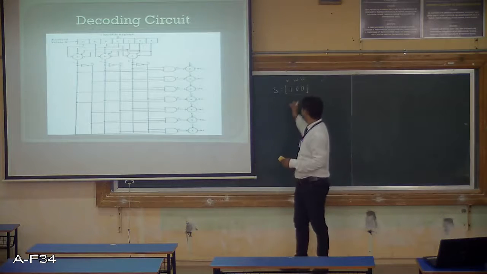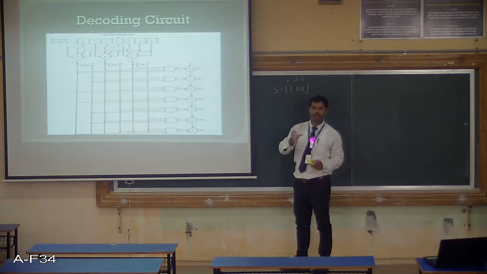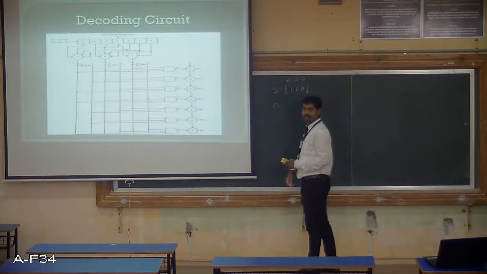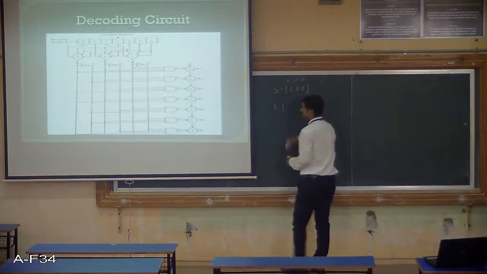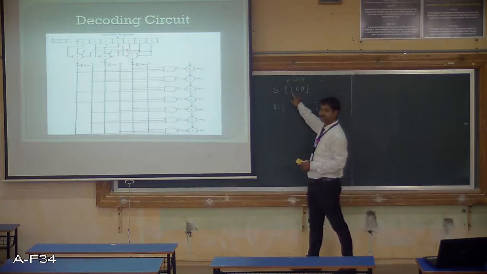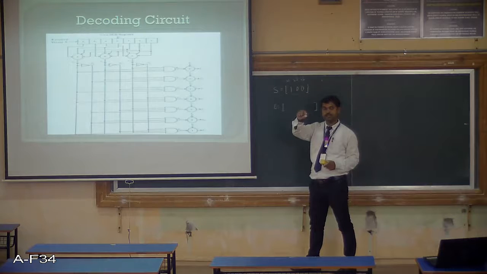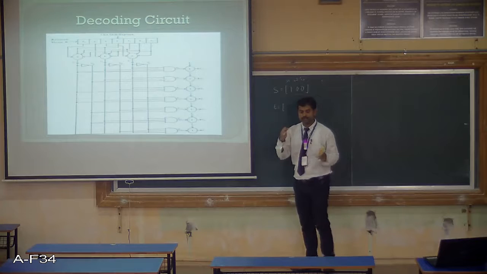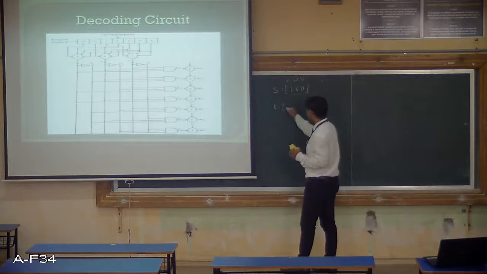If this pattern is present at the second row, the error is in the second bit. So it means what? The error E, or the matrix E, how will you get it? Based on S, right? If this 1, 0, 0 is present in the first row of H transpose, the error is in the first bit. At that time, how does your error pattern look? The error pattern looks like this.